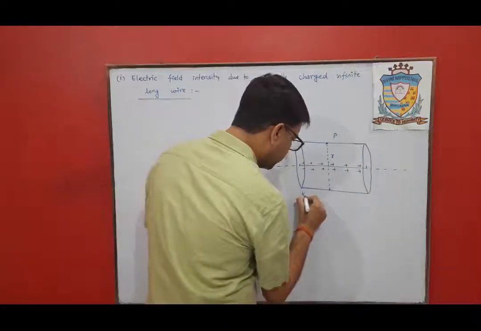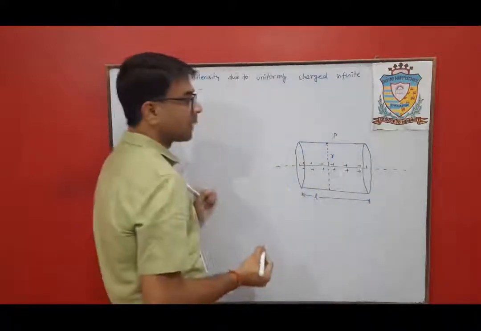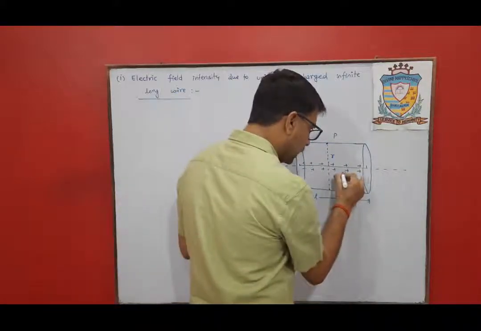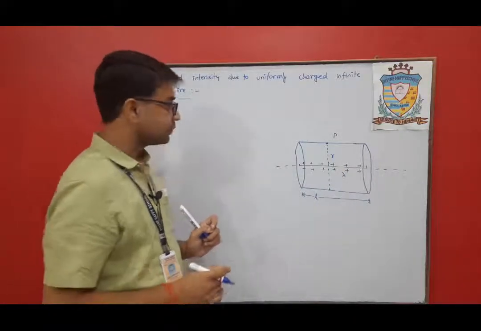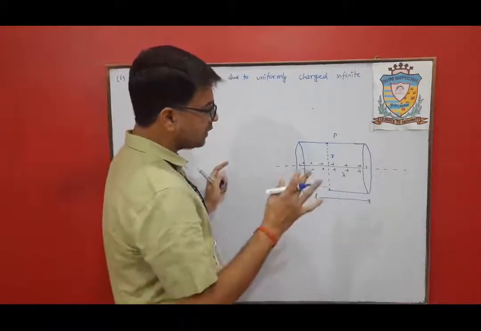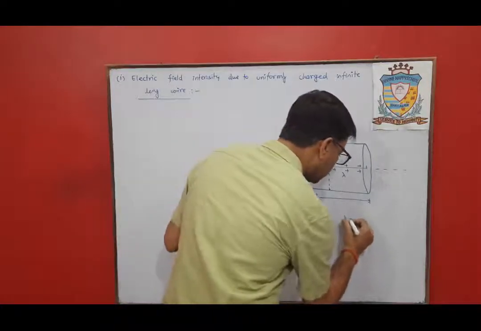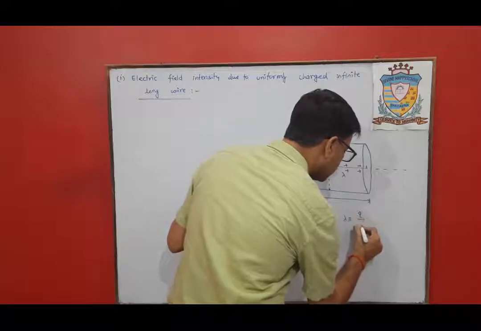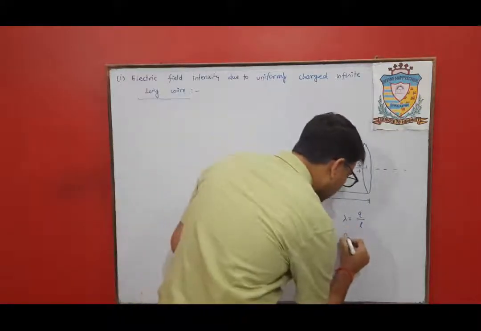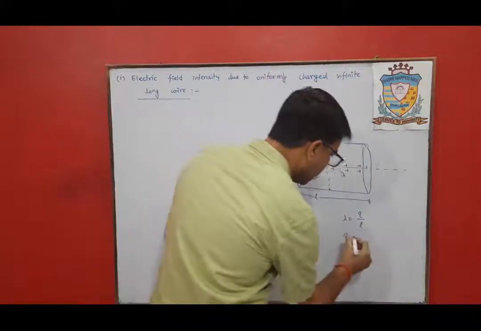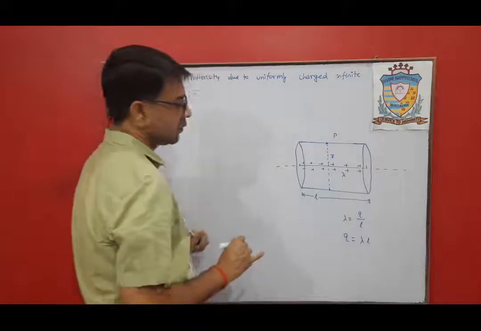Let the length of this wire that we have considered be L, and let lambda be the linear charge density. If the total charge is Q, then lambda is equal to Q by L. So the total charge enclosed will be lambda L. Clear?